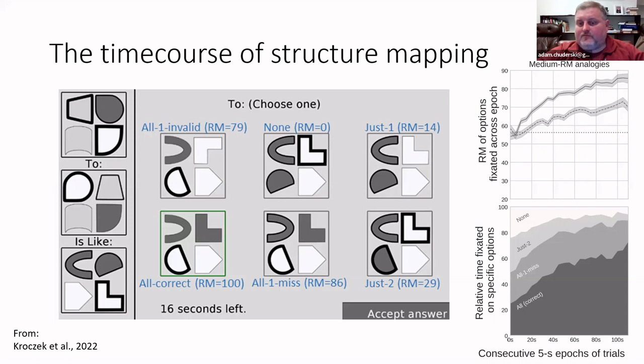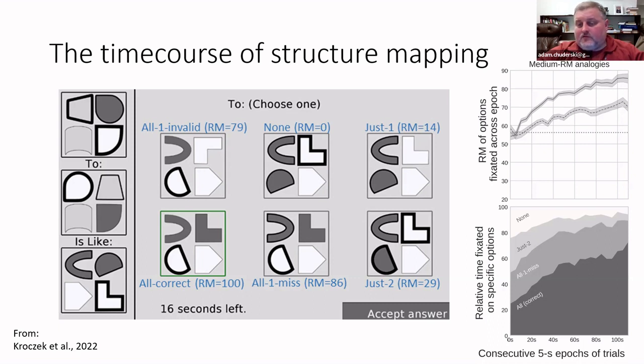And it is a figure that presents the proportion or share of time devoted to each response option. So how long people fixated on this option relative to other options. So you can see that at the beginning of the task, the task was quite difficult.